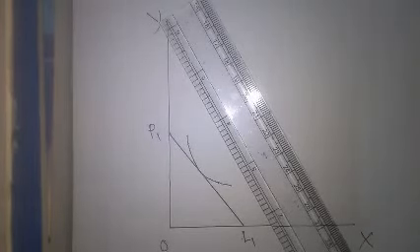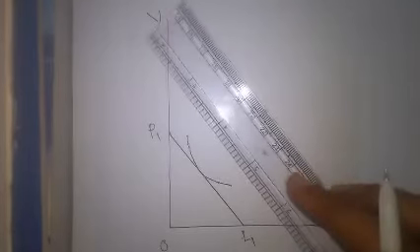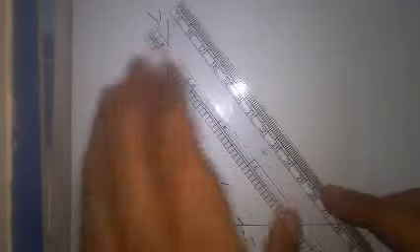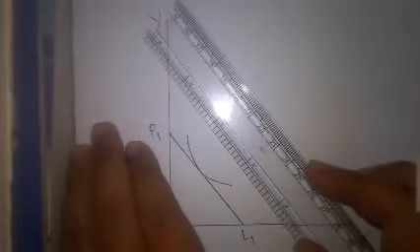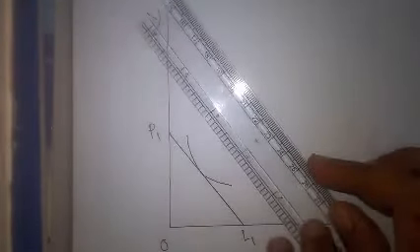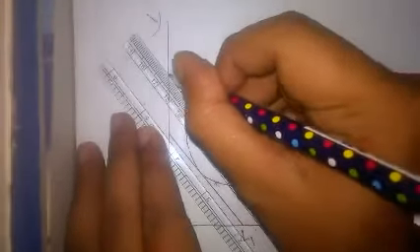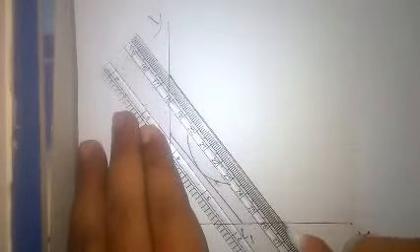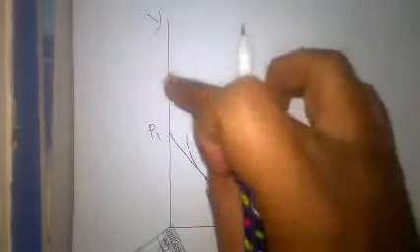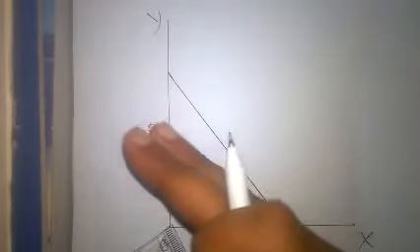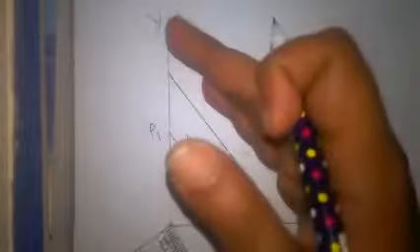Because his income increases. So if a person's income increases, he will have a new budget line. So this is a new budget line. The consumer is having a new budget line because his ability to purchase has increased.